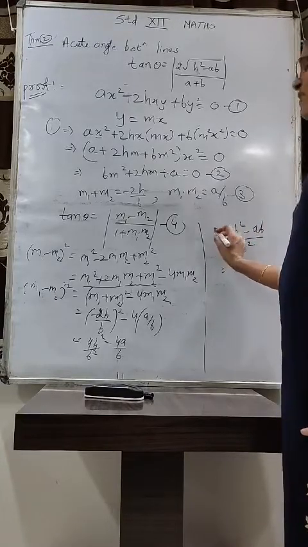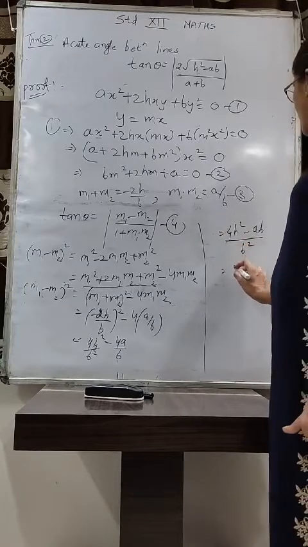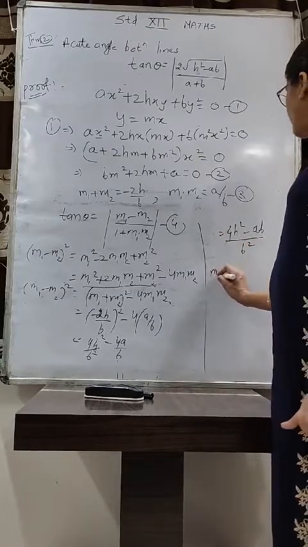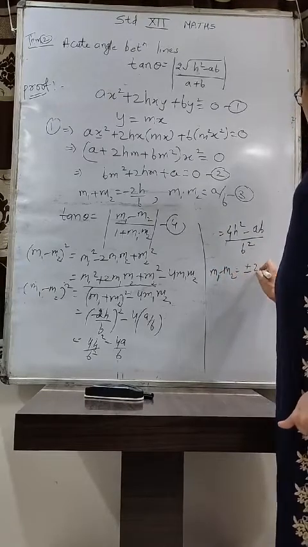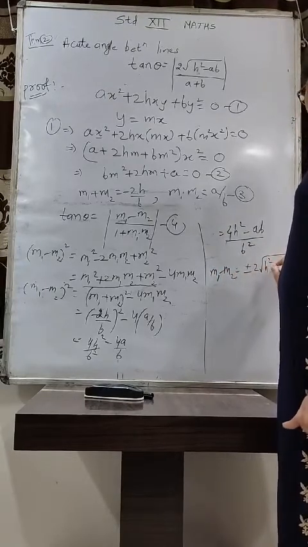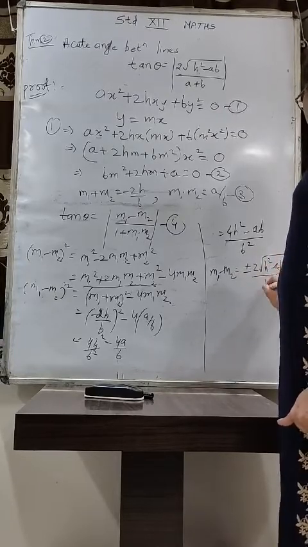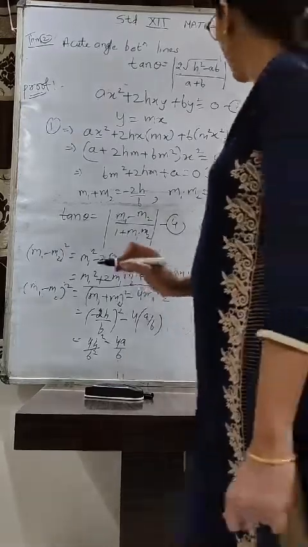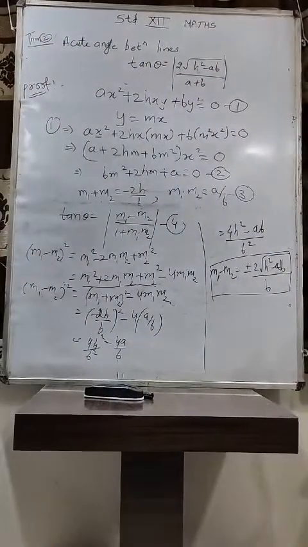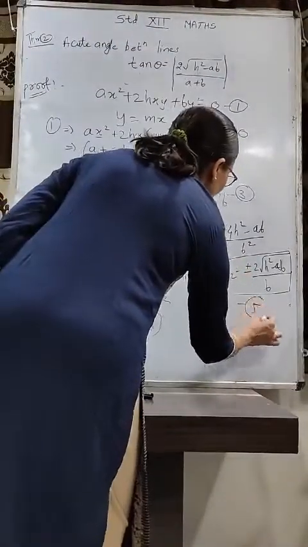This is our (m1 minus m2) whole square. Now if I take the square root, this will become m1 minus m2 equal to plus minus 2 under root of h square minus ab upon b, which is a very important term. So m1 minus m2 equal to 2 under root h square minus ab upon b. Now say this is equation number 5.